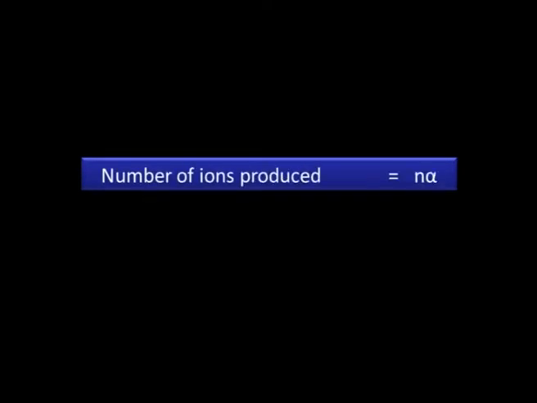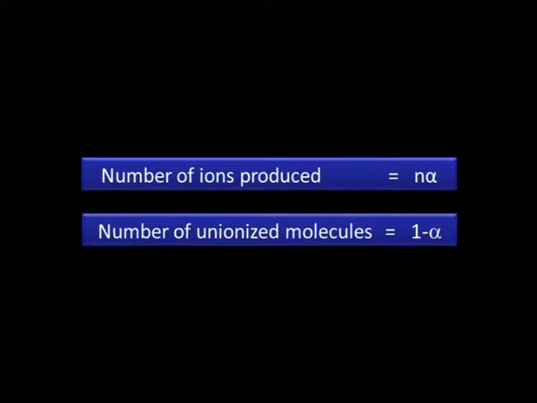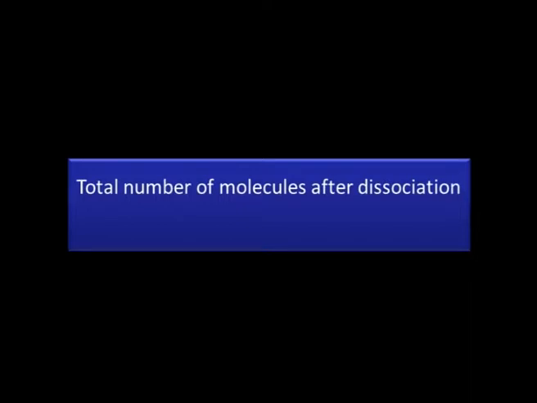Suppose we are taking one molecule of AN, which on dissociation gives n molecules of A. Hence, the number of ions produced will be equal to n alpha, where alpha is the degree of dissociation of the solute. The number of unionized molecules will be equal to 1 minus alpha. Therefore, total number of molecules after dissociation will be equal to 1 minus alpha plus n alpha.